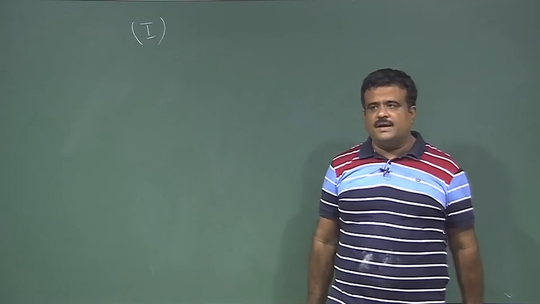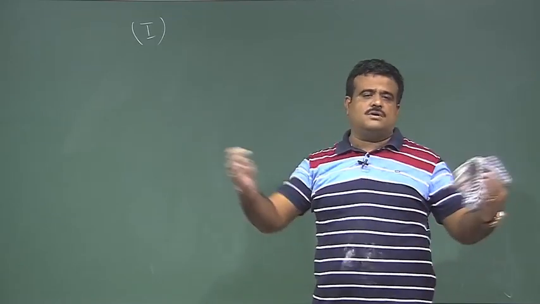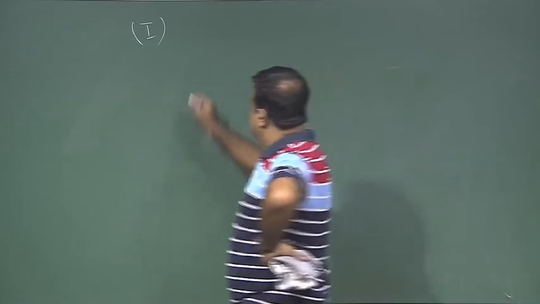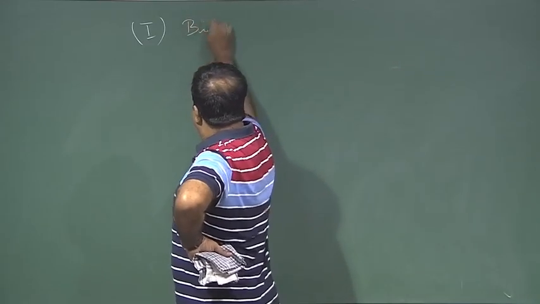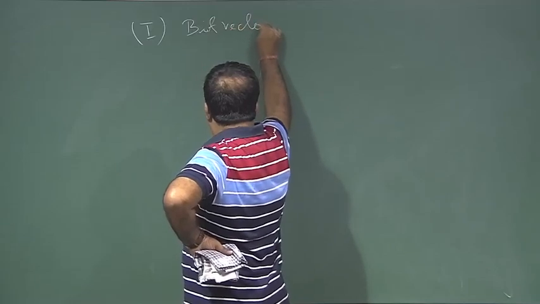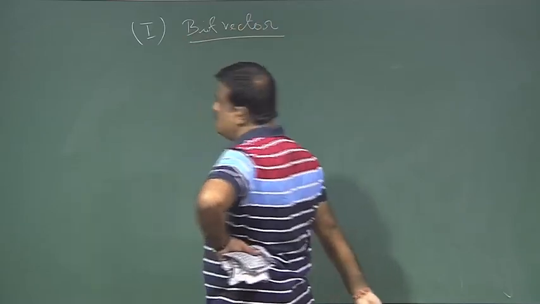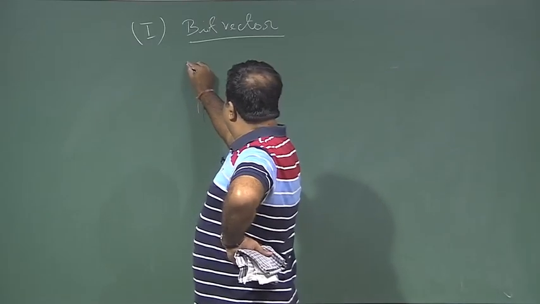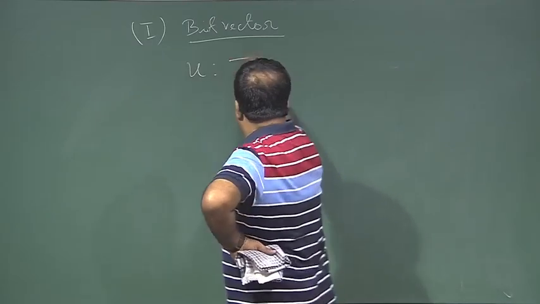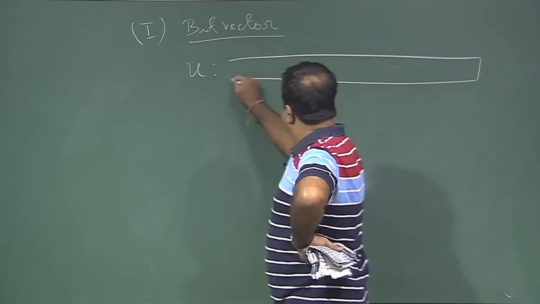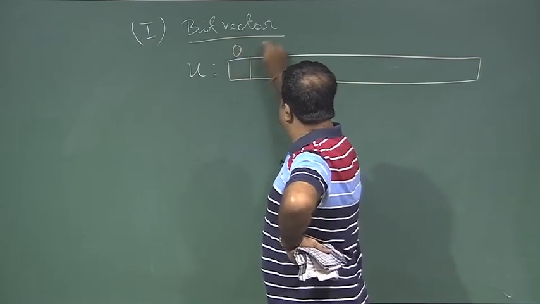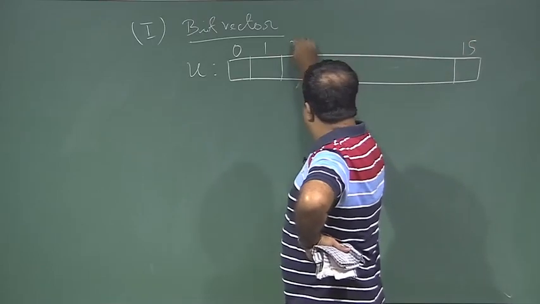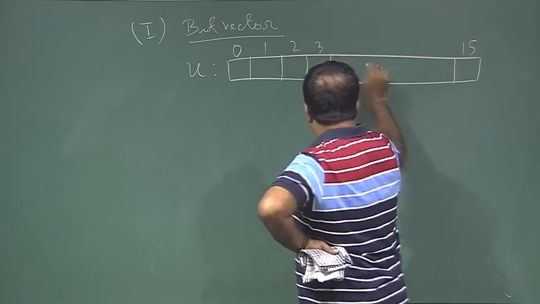Can you think of an array of, so we have universe of size u. Can you think of an array of size u? This is called a bit vector. So, what is a bit vector? We just maintain an array of size u. Our u is 15, so this is up to 15, 0 to 3 like this.